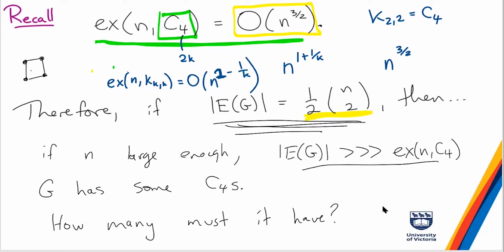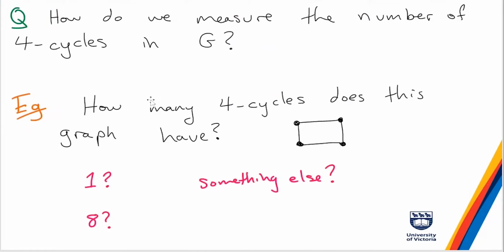Any questions about that? There is a bit of a subtle thing here. Last time we were dealing with triangles, and it's easy to say what is a copy of a triangle. There's a subtle thing about C4s: how do we measure the number of C4s, or 4-cycles, in a graph G?